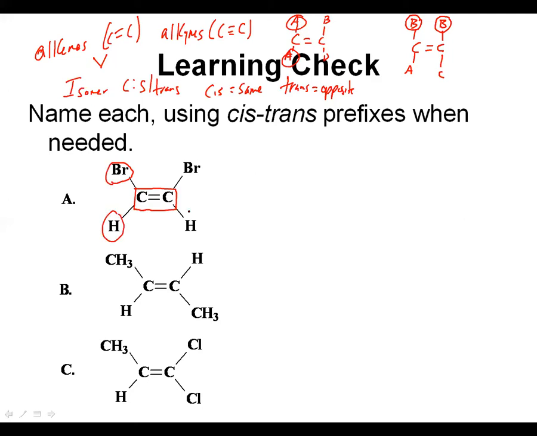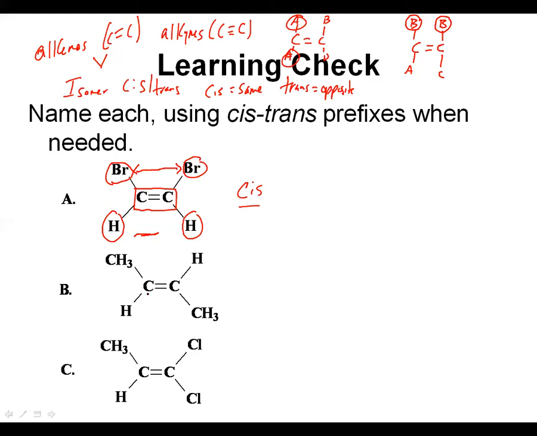This group here and this group here are different, so that is good. And now when we look across the double bond, these two groups are the same, and really you could look at the hydrogens as well if you want. So these are on the same side of the double bond, so this would be the cis isomer here.